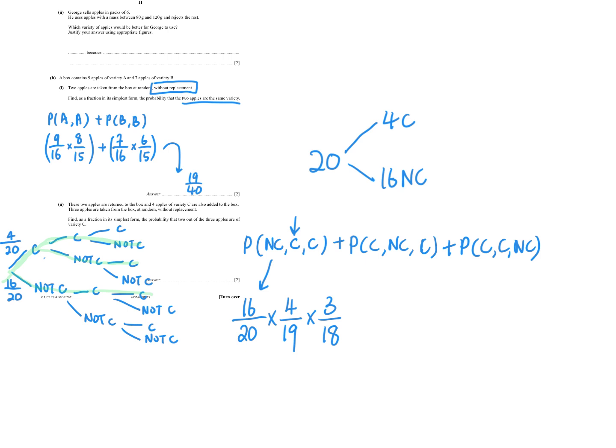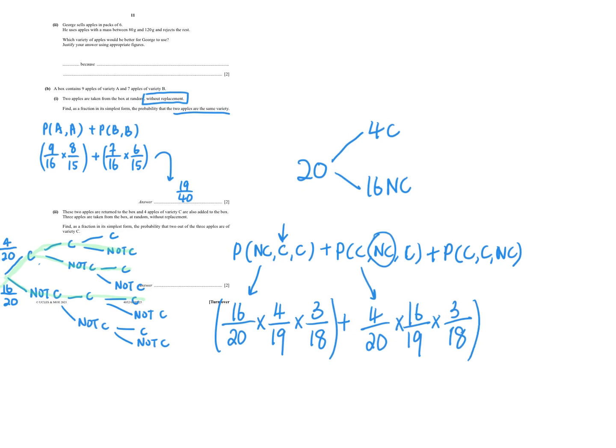Then the next one: the first one I want to pick is 4 out of 20. And then I want to choose from the 16. And then I'm left with 3 C's. So 18 left. Can you see that all the numbers below are the same? All the numbers on top are the same. They are just jumbled up. So later you will realize that actually all I need to do is multiply one of the answers by 3.